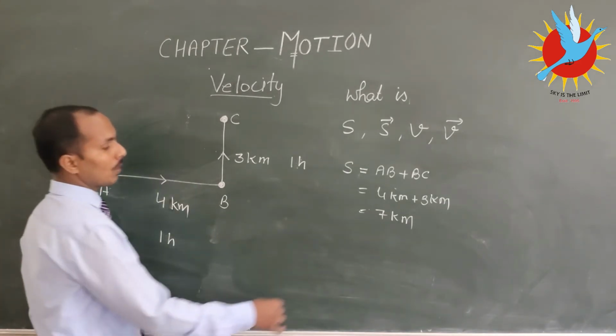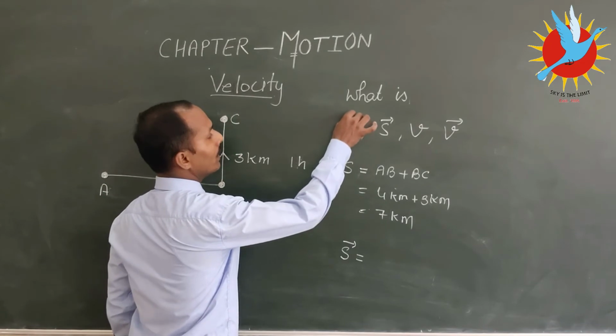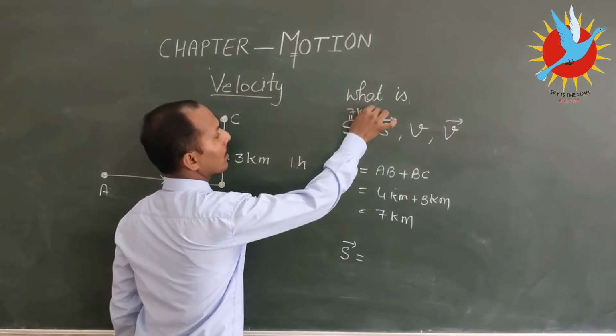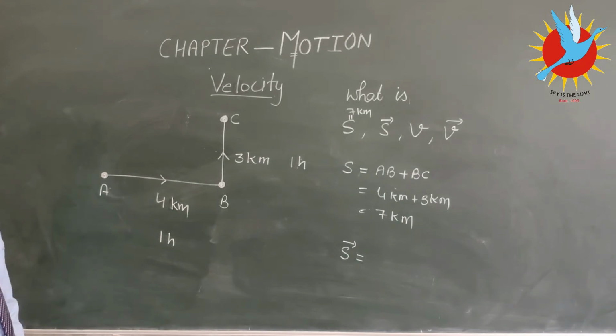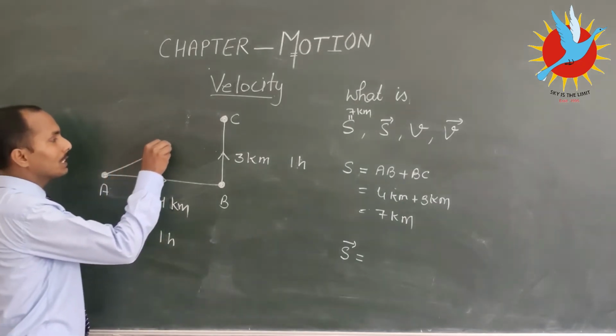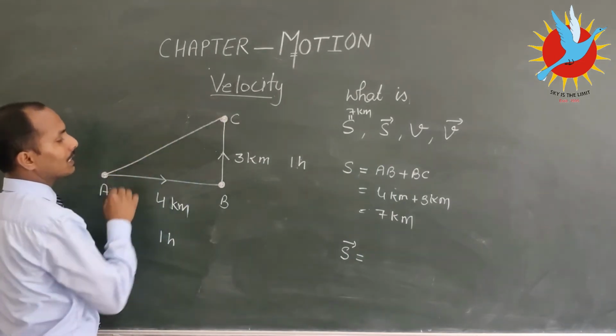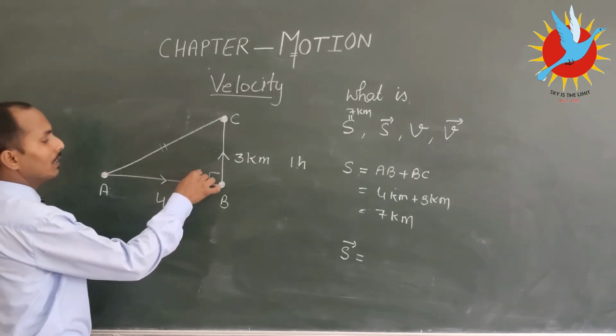Now next, how much is the displacement? Displacement is the shortest path. In this case, this is a hypotenuse, and this is a right angle, a 90-degree angle.